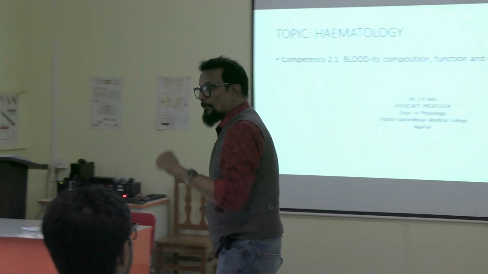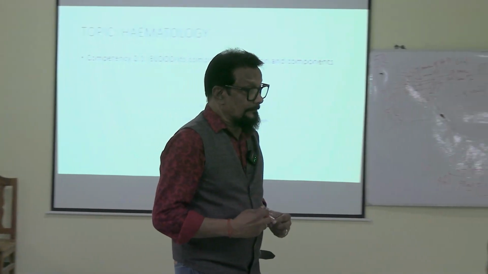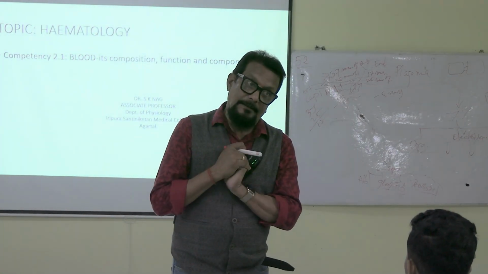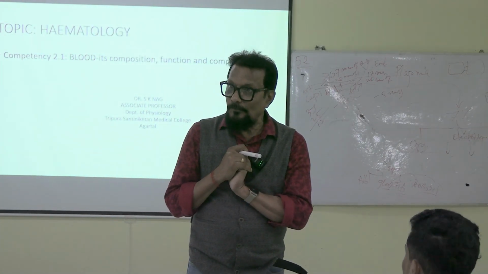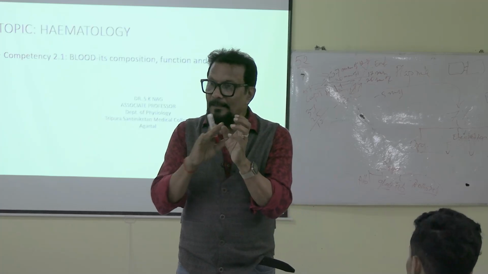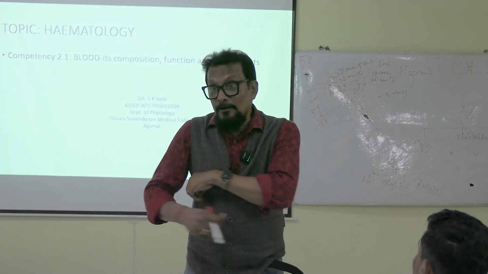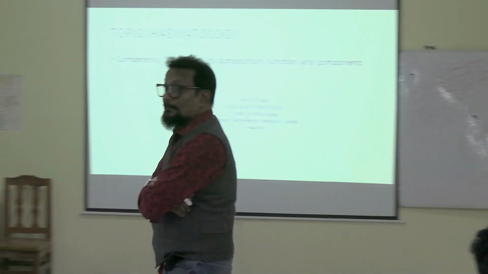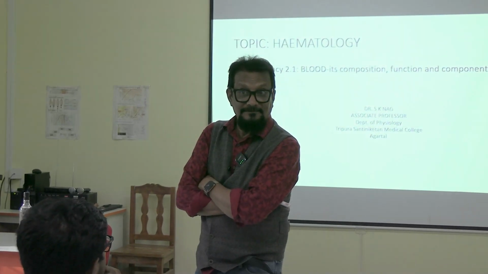After the permanent plug is formed, the bleeding is stopped. Now what will happen? Will they stay there permanently? No. They will be fragmented. And what will happen to this fragmented material? It will not enter into circulation.